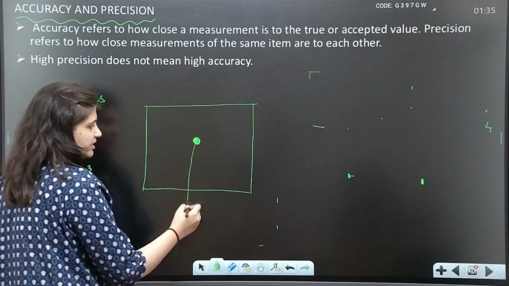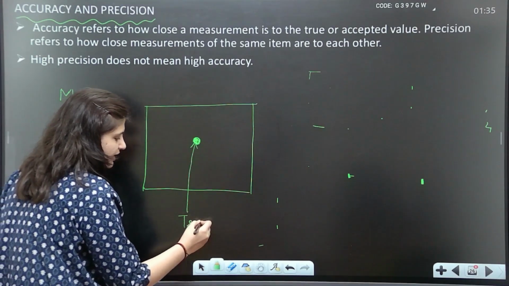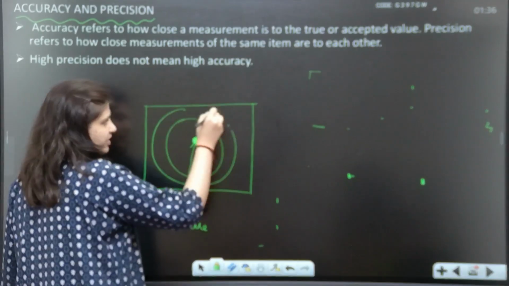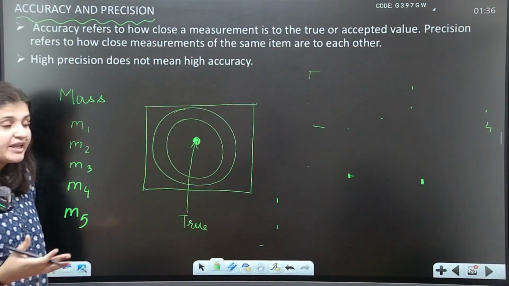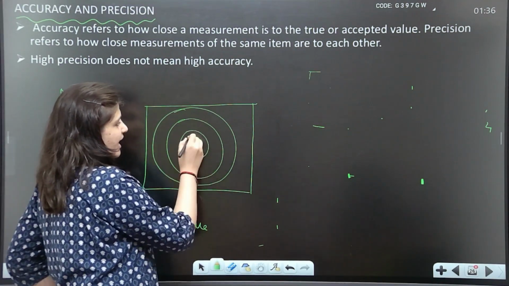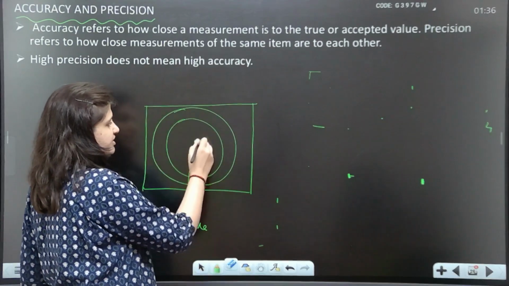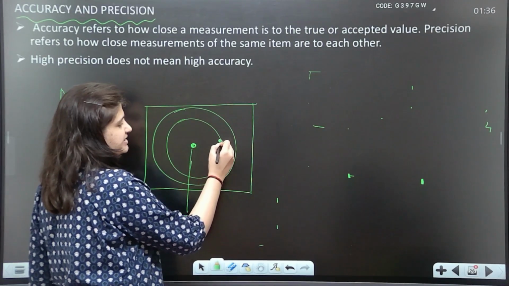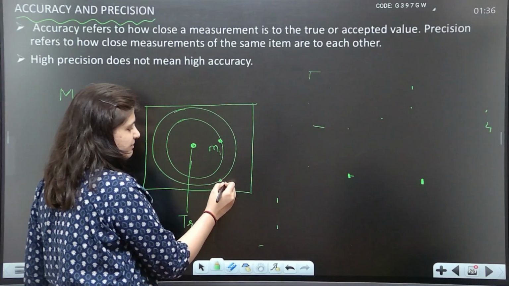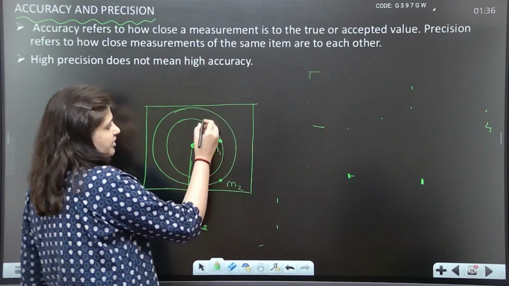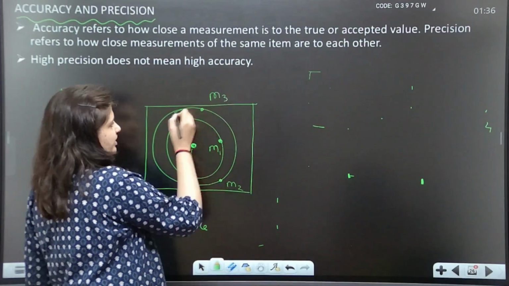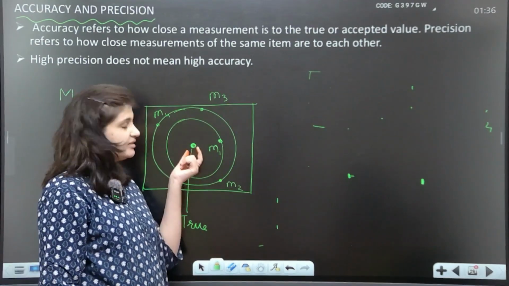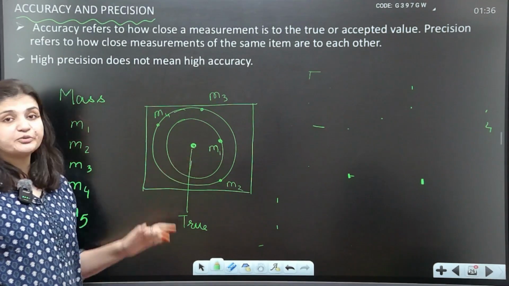Now let's consider we have done the experiments, and M1 is coming here, M2 is coming here, M3 is coming here and M4 is coming here. We know that M1 is closer to the true value, so M1 is more accurate.